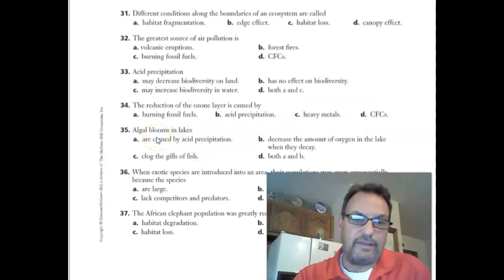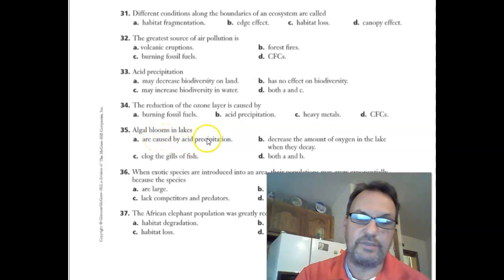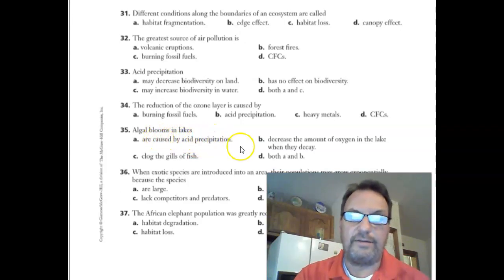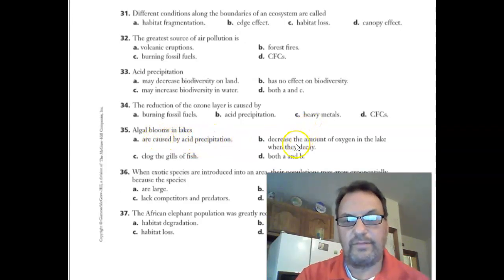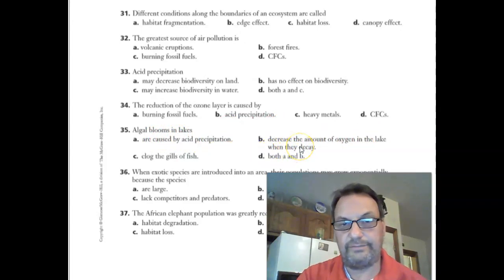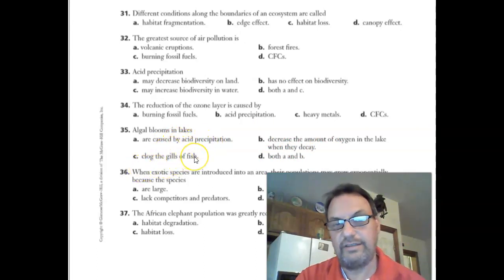This is the one I was thinking of earlier about acid precipitation. On this one, the algal blooms in lakes decrease the amount of oxygen in the lake when they decay, or are caused by acid precipitation, or clog the gills of fish.